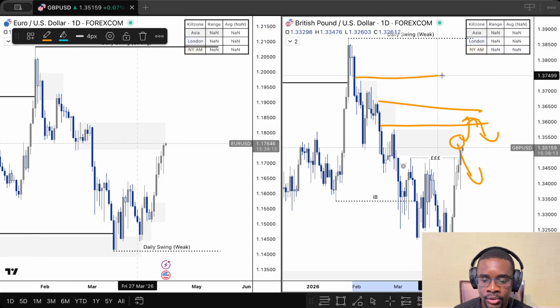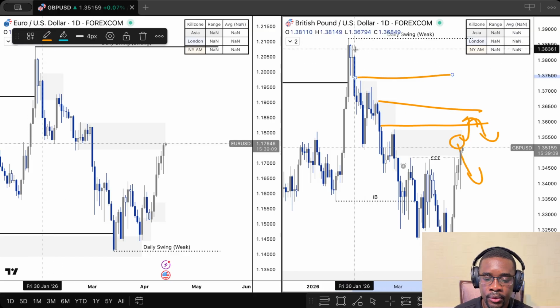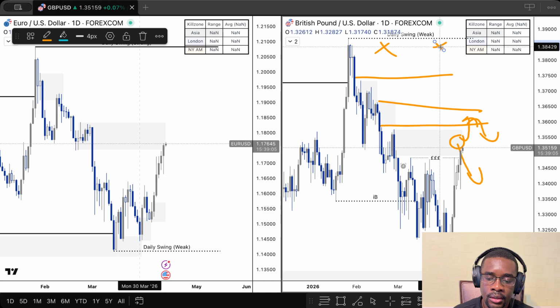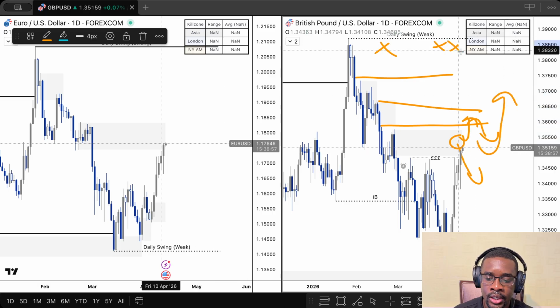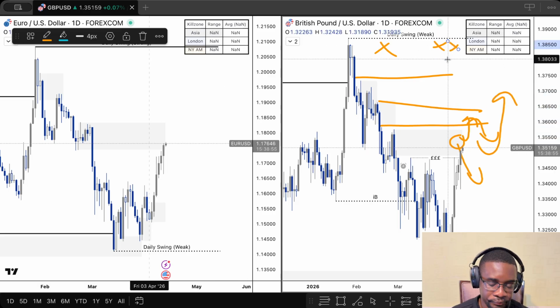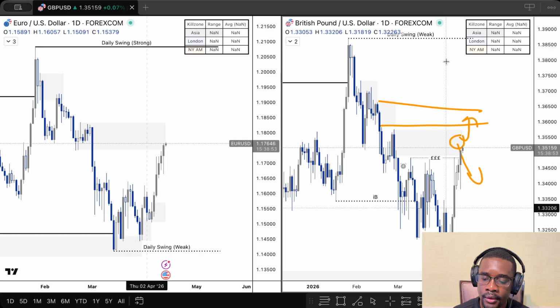We still have supply at the top, however, this is a weak high, so we do not expect this to hold. So right now we'll be expecting price to continue bullish to take out the weak high.